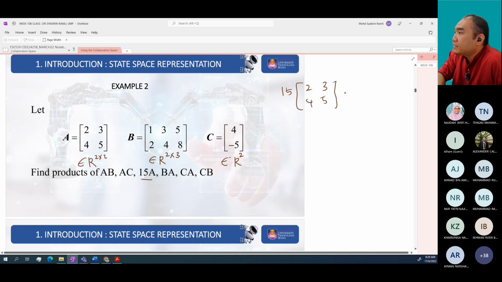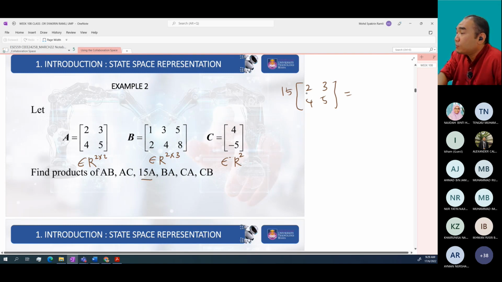What will happen to the result of the multiplication between a scalar value and a matrix? Apa yang berlaku adalah kita akan darabkan setiap elemen dalam matrix A ni by 15.